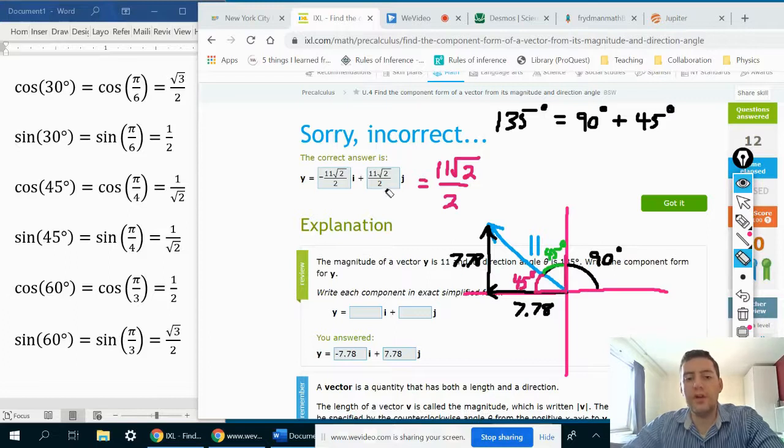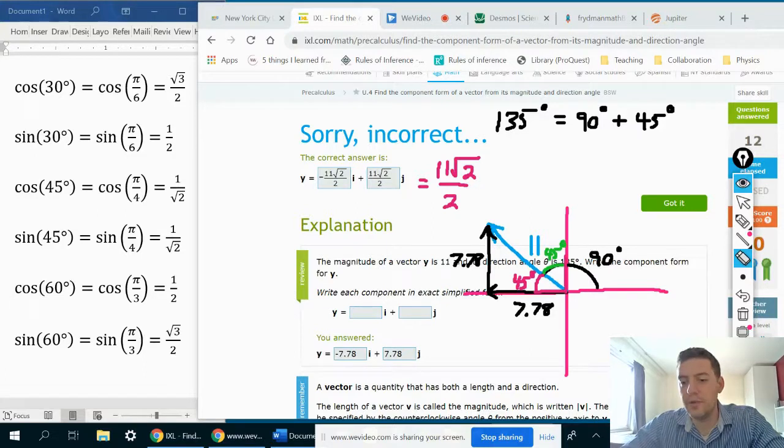How can you figure out that this one is supposed to be negative and this one is supposed to be positive? Well, you'd have to sketch a graph of the vector. So if you know that this is 0 degrees, 90 degrees, 180 degrees, 270 degrees, 135 degrees, which was the direction angle that was given to us in the problem, would put this vector over here in the second quadrant.